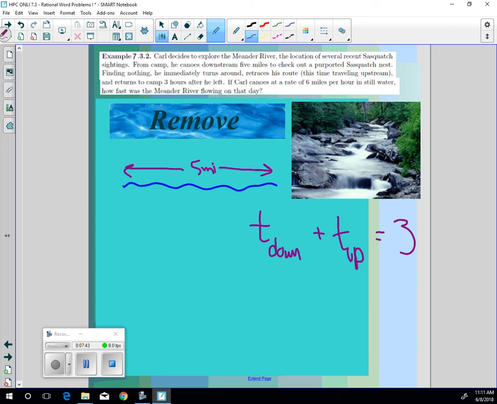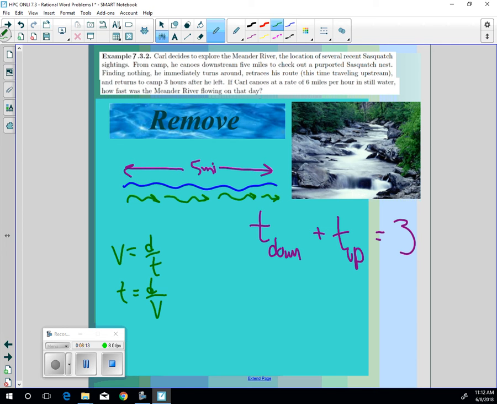If Carl canoes at a rate of 6 miles per hour, what is the speed of the river? So think of the river going in this direction. Okay? So if you're looking at rate, speed is distance over time. So time is distance over speed.